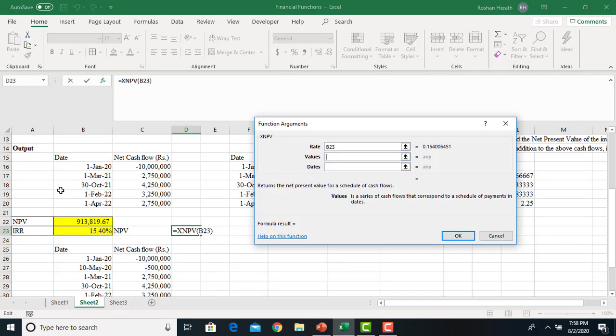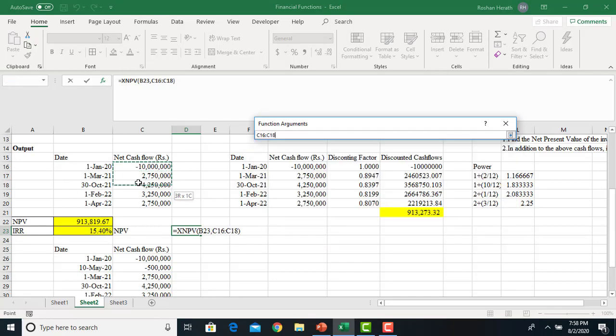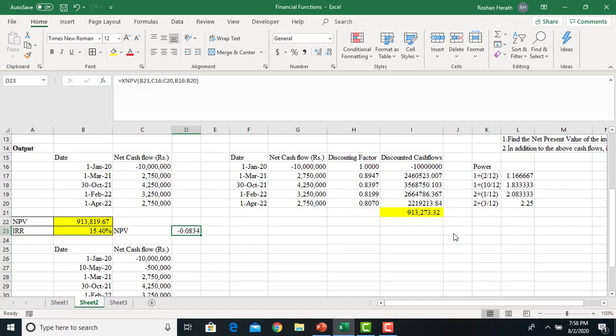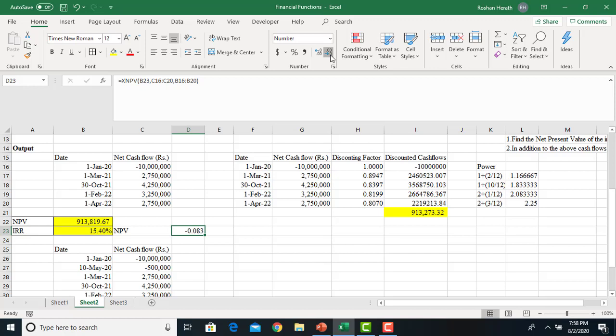Here you have the values, and here you have the dates, and it is almost 0, 0.0833. If you take it to no decimal places, it is 0, right? It's almost 0. Due to rounding errors, a small difference may appear, but it is almost 0.